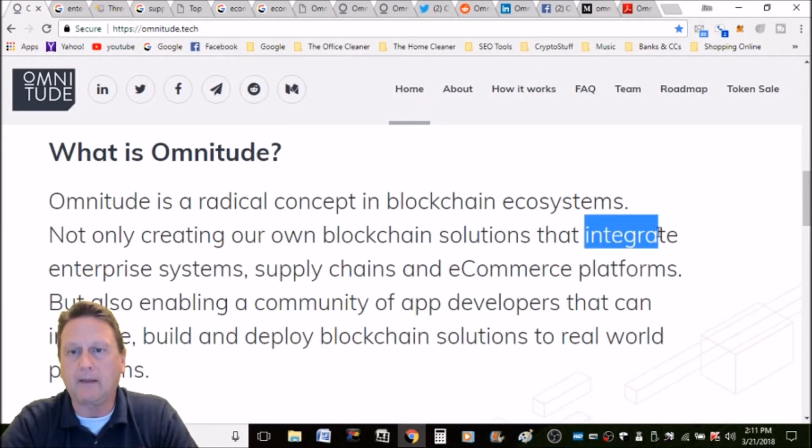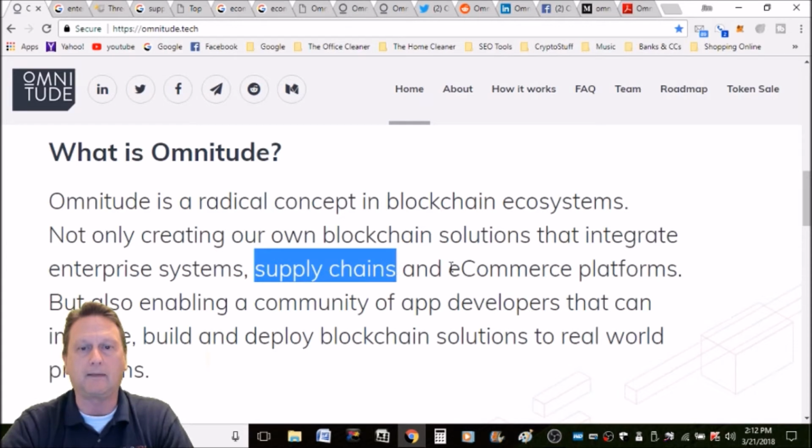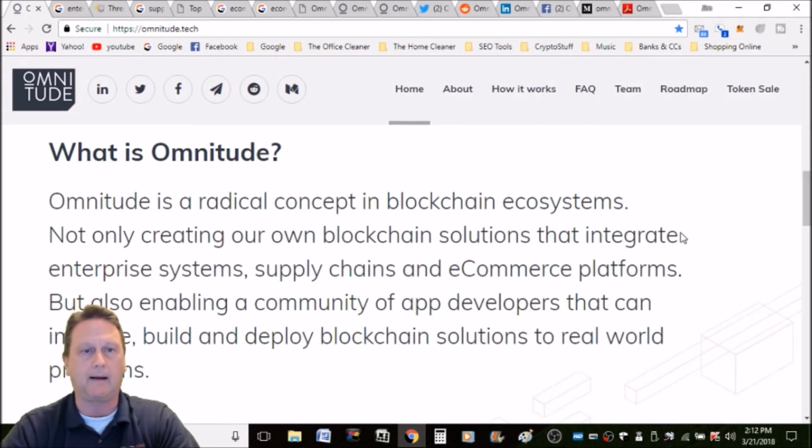And then they say they want to integrate these three things. Basically, they want to make it so that any company, or person, that wants to participate in the Omnitude ecosystem, regardless of the software that they use or the supply chain processes they have going on, will still be able to smoothly transact using the Omnitude platform and ecosystem.